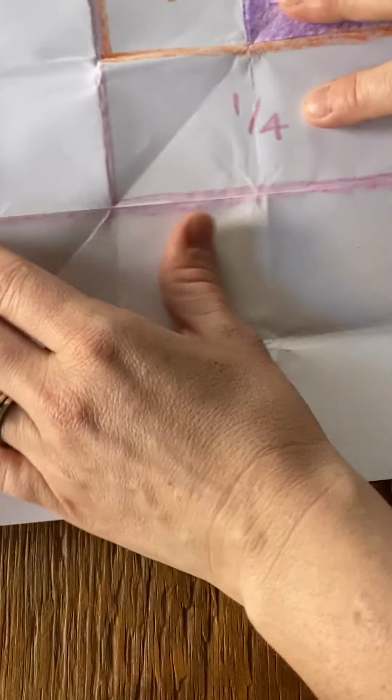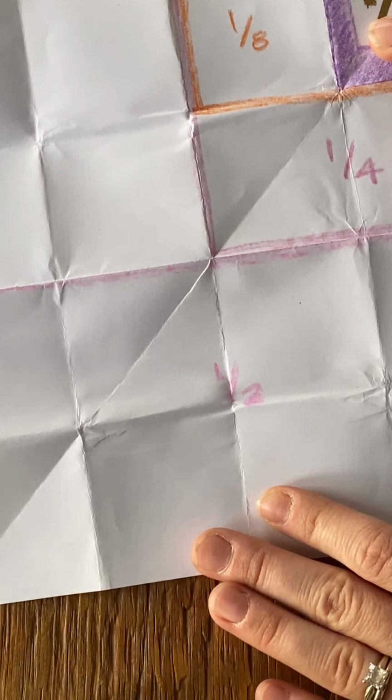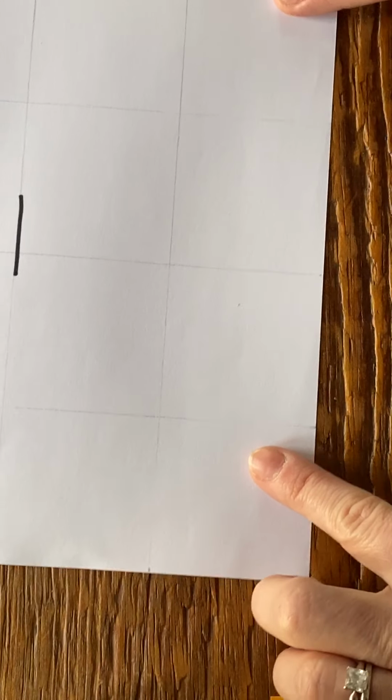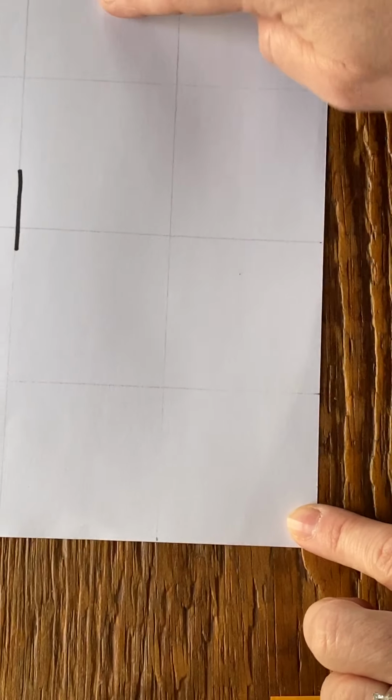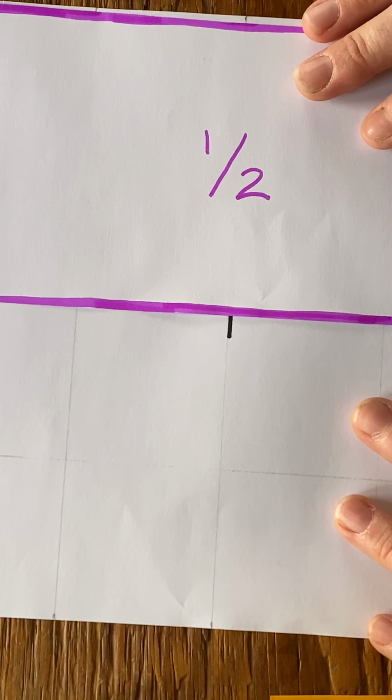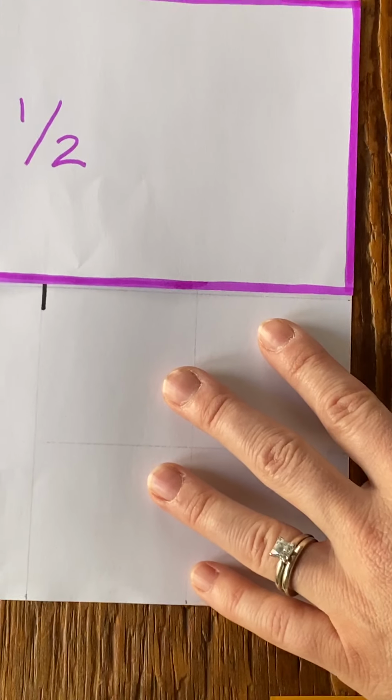So it's a little hard to see these lines once it's folded up. So I drew another sheet of paper here where you can see there's 16 squares marked out on this one sheet. And I've marked out, here's a half. You can see that.